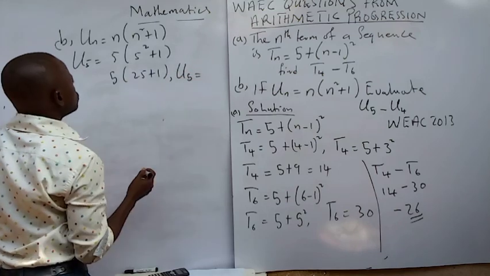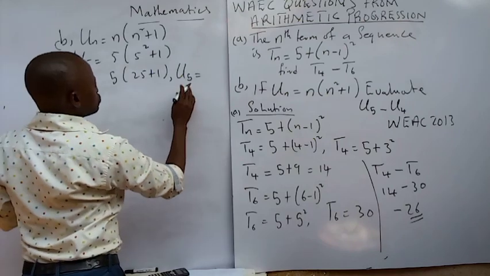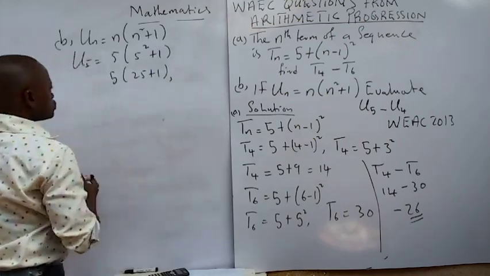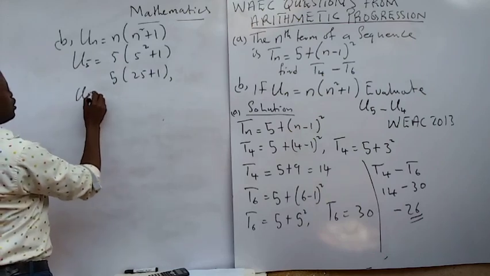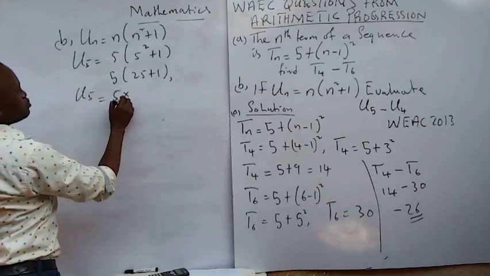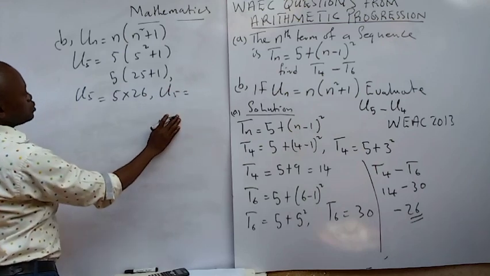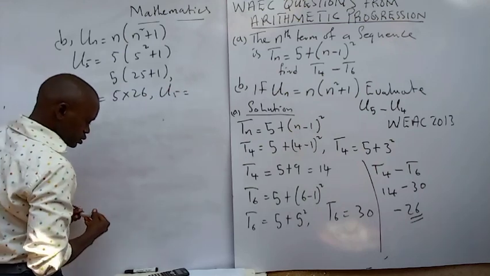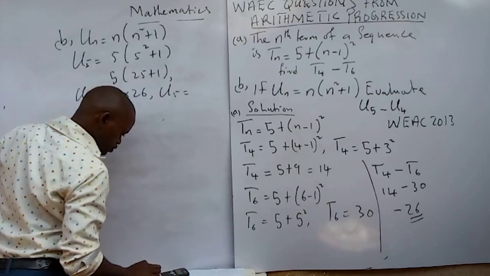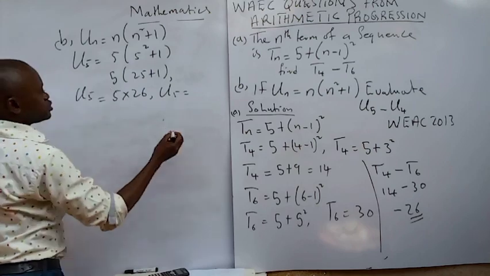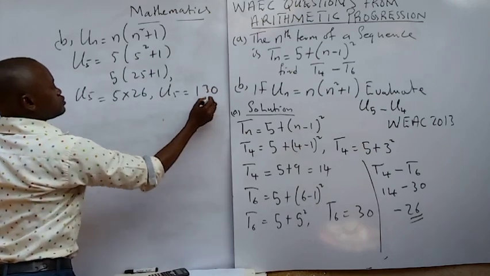U5 is equals to 5 times 26. So U5 will be equals to, what is 5 times 26? 5 times 26, 130.